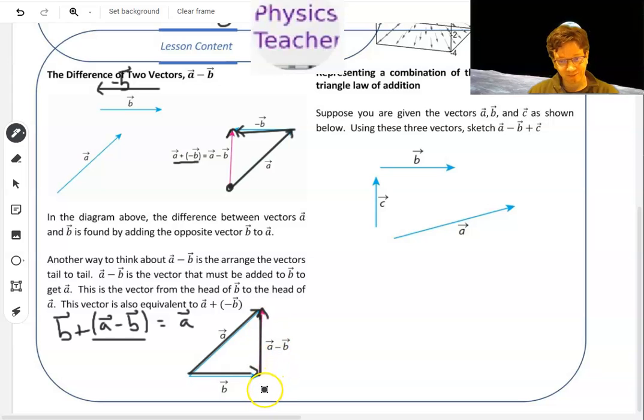Like this. So there would be A, B, and there's the subtraction of both.